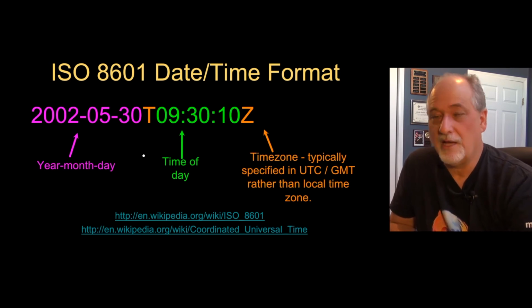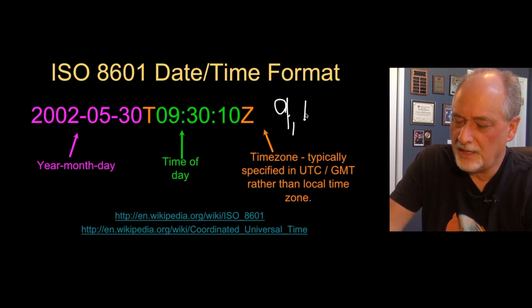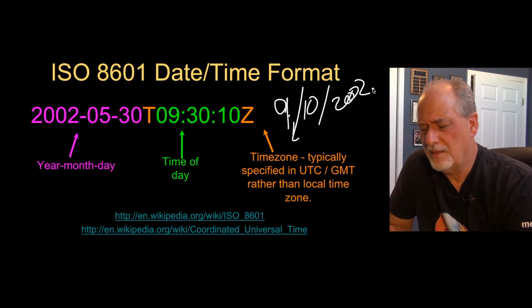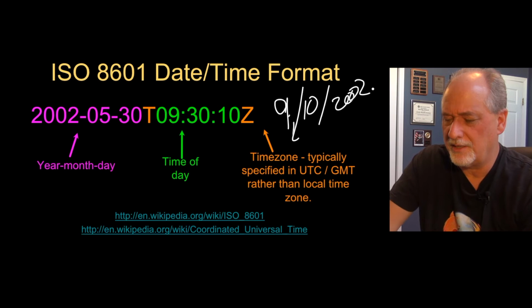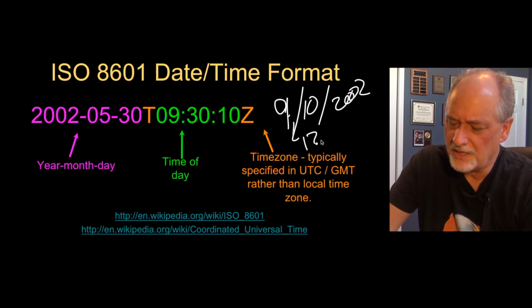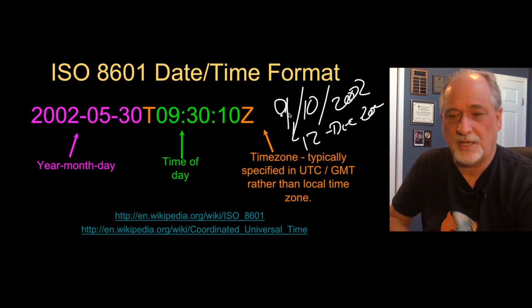So dates are kind of interesting. Again, we have lots of different formats of dates: 9/10/2002, right? That's a format of a date, but that's one. There's another format of the date, which is 12 December 2000, whatever. And so this is how people show dates.